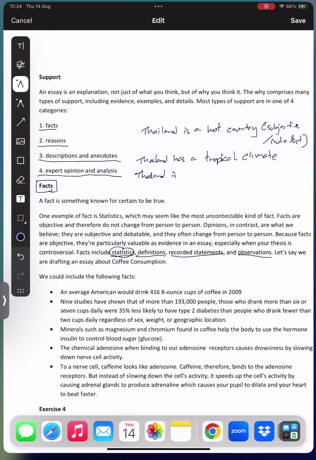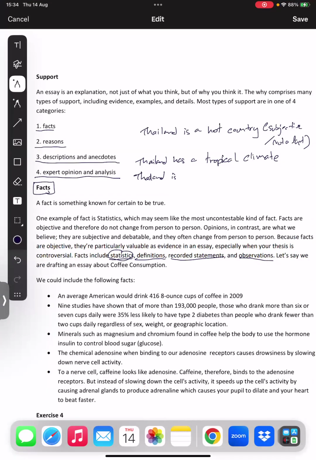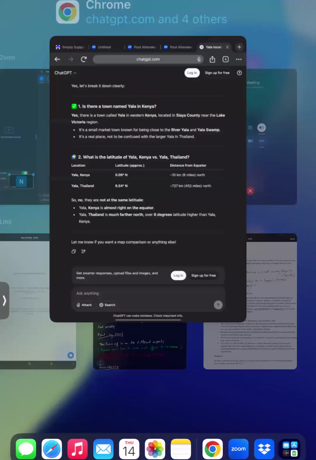Let's have a look at the average temperatures in Kenya, Yala. I'm just so curious to know.